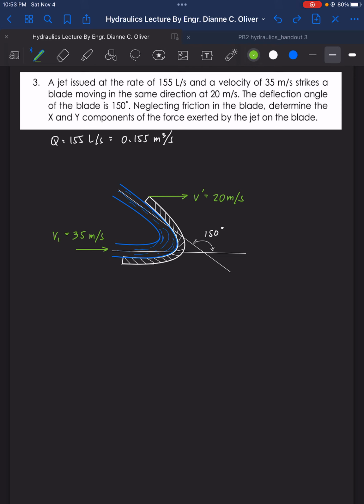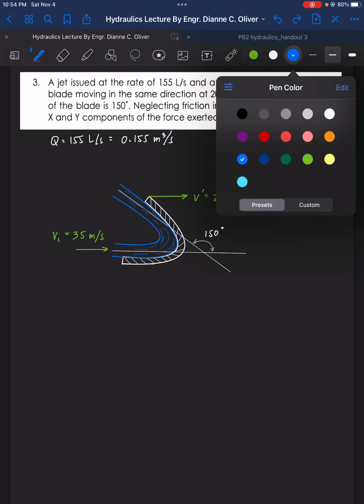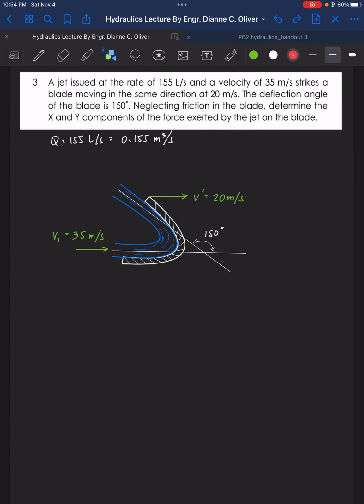So the deflection angle is 150. Determine the x and y components of the force. So this is our x and y component. Obviously, this is our Fx. The water is striking the blade to the right direction.